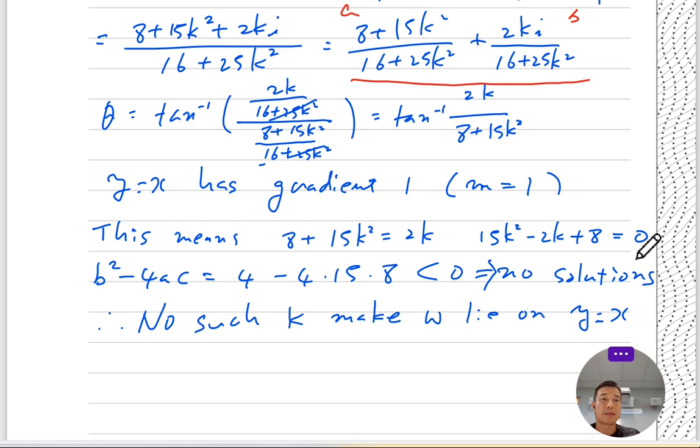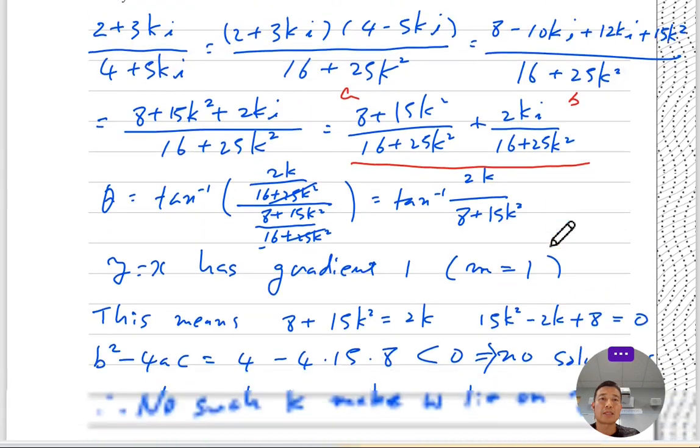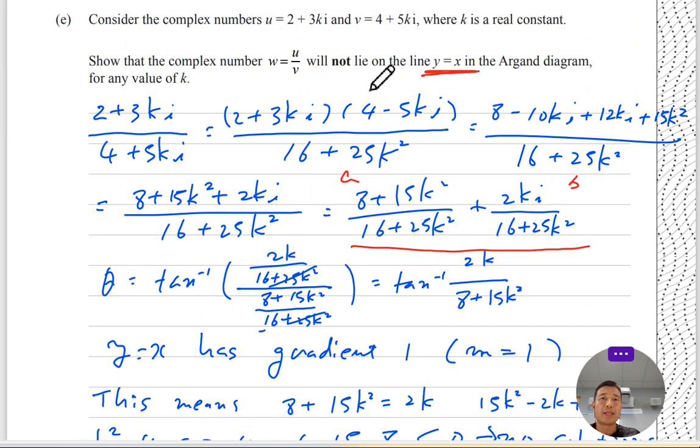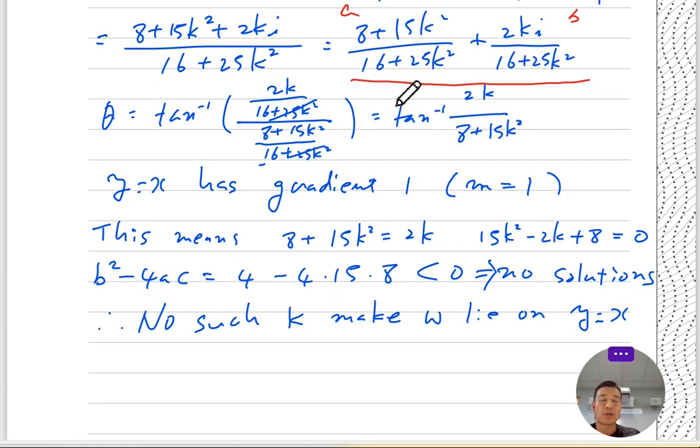And then it says will not lie on the line. So that means there is no such k satisfying this. That means discriminant b squared minus 4ac must be negative. So there is no solutions, no such roots.